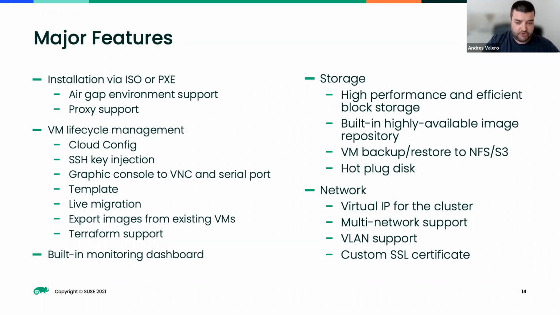We have hot plug disk, so when you add a new disk, we will detect it. And regarding network, we have virtual IP for the clusters, multi-network support, VLAN support, custom SSL. Despite being a first release, the most important features are all covered.